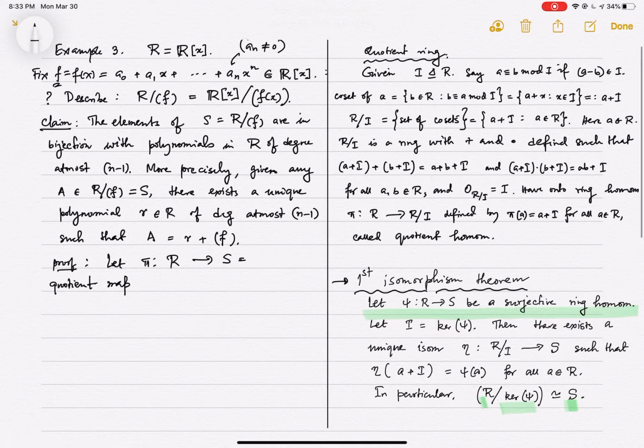R mod F. So when you quotient out by an ideal, you have this quotient homomorphism. Look on the right hand side, right here. It takes an element to its coset. So it takes a G to G plus all multiples of F, that coset.